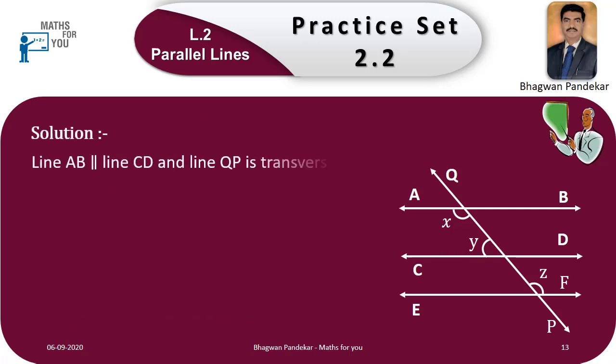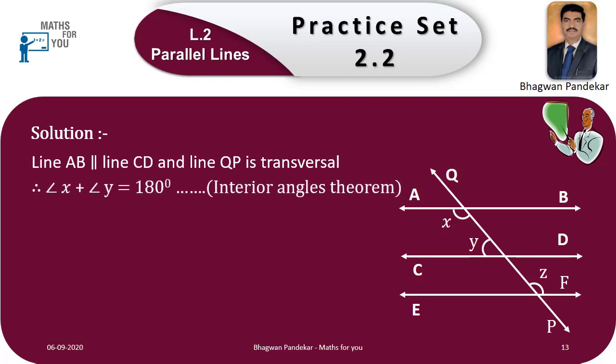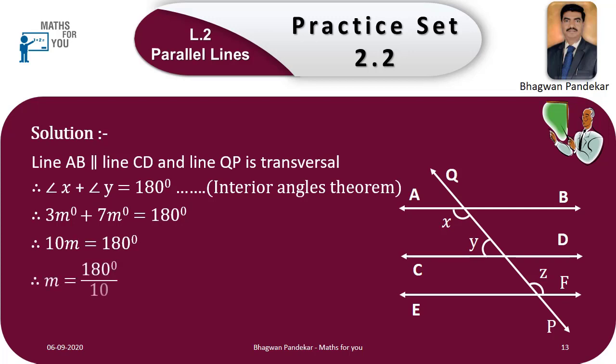Line AB is parallel to line CD and line QP is a transversal. Therefore, angle X plus angle Y is equal to 180 degrees. Reason: interior angle theorem. Therefore, 3m plus 7m is equal to 180 degrees. Therefore, 10m is equal to 180 degrees. Therefore, m is equal to 180 degrees divided by 10. Therefore, m is equal to 18 degrees.